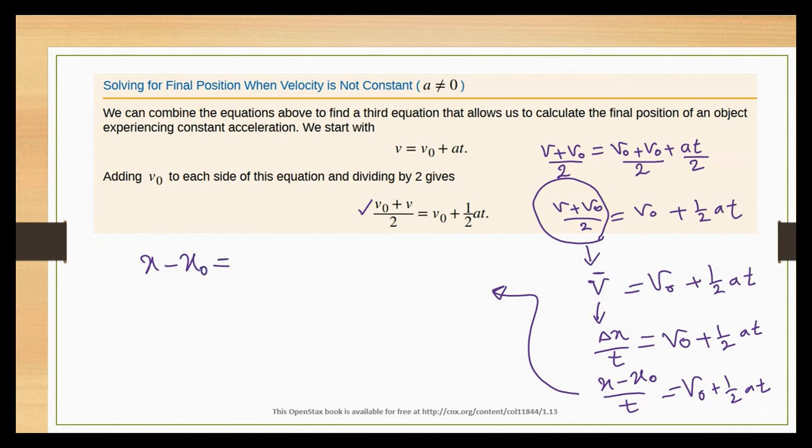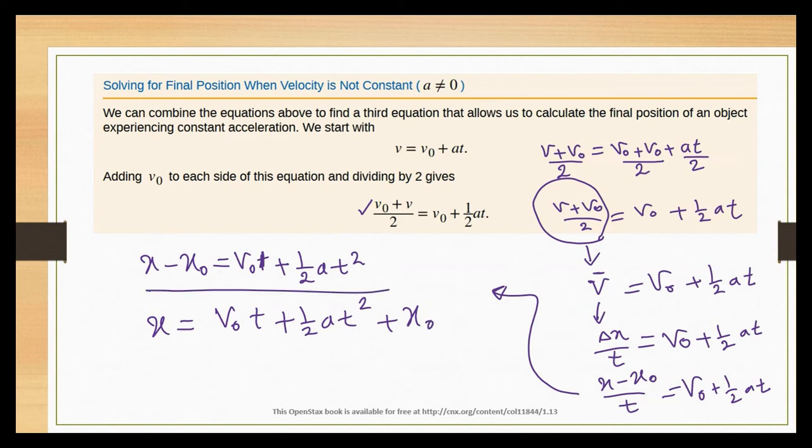X minus x0 is equal to v0 t plus 1 over 2 at square. Moving x0 to the right side, x is equal to v sub 0 t plus 1 over 2 at square plus x sub 0. So final position is equal to this.